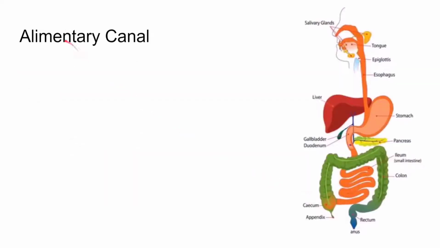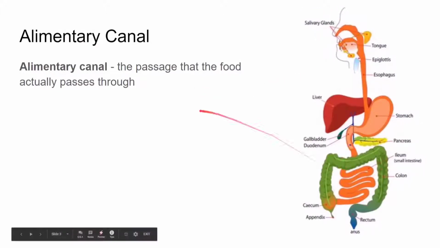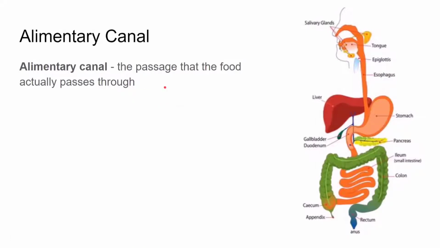The alimentary canal is a key word that we'll have to know to understand the process of digestion. This is the passage that food actually passes through. So this would be the mouth, the stomach, the small intestine. It's where the food actually travels.